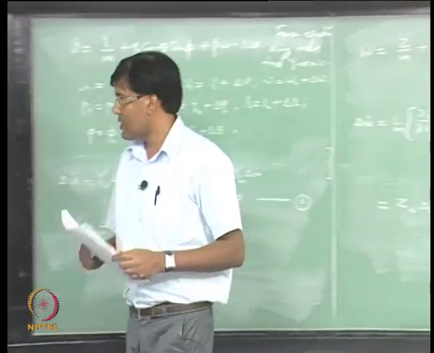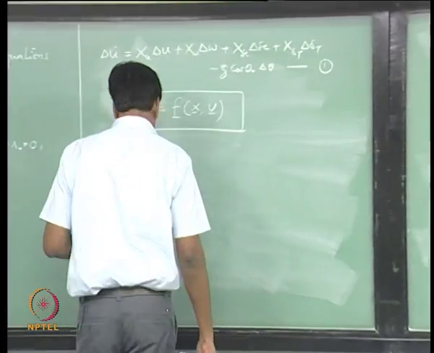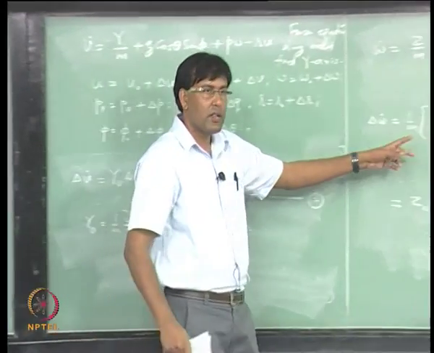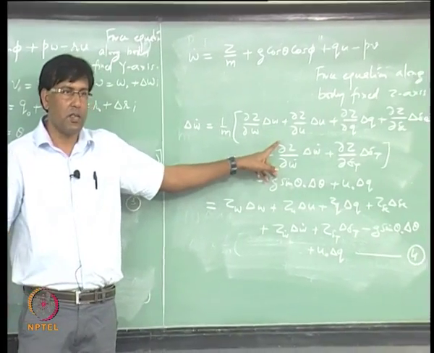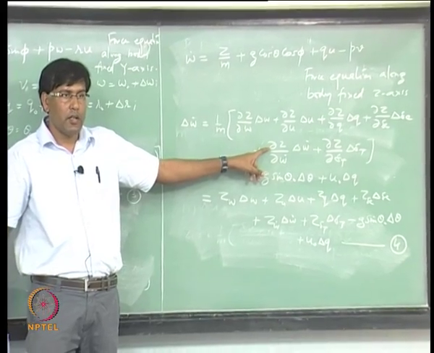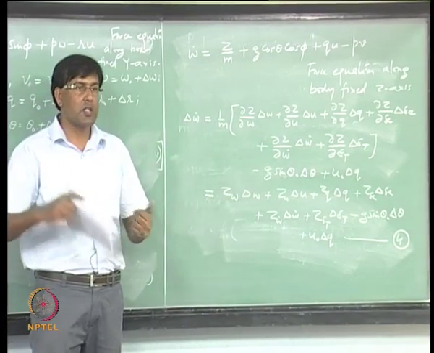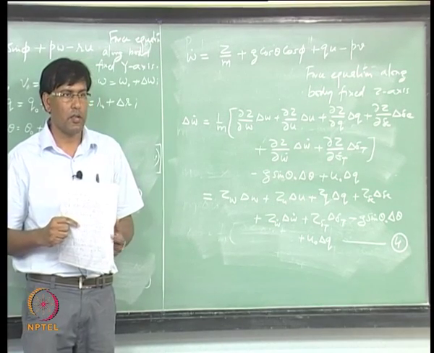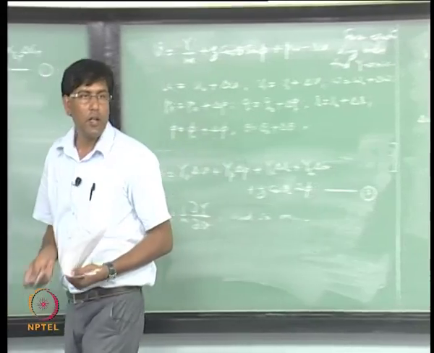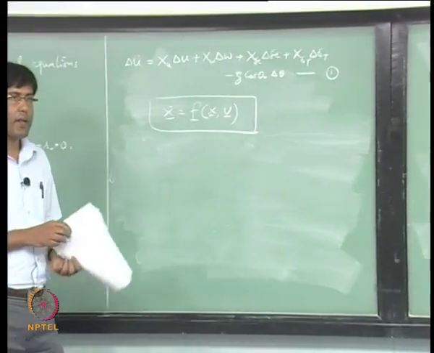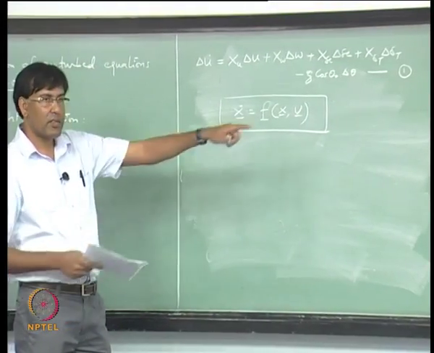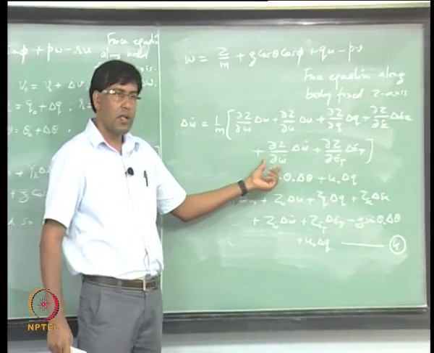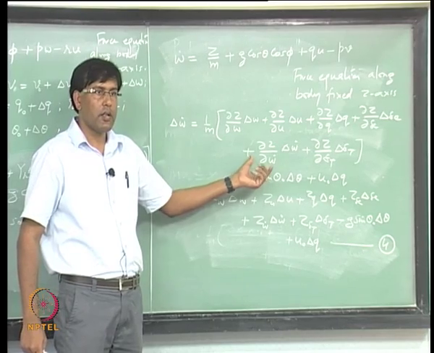What I am saying is we have to keep the derivatives which are not insignificant. You can have w dot also as a variable. In that case we can write it in this form.